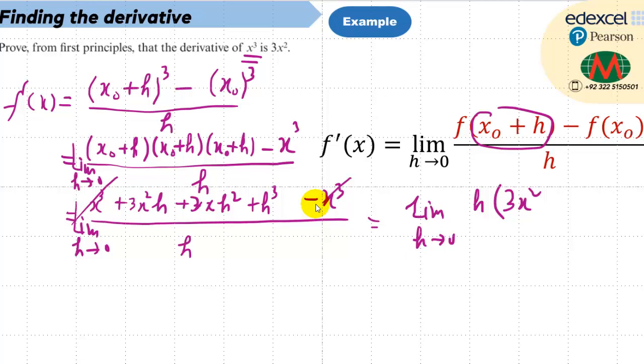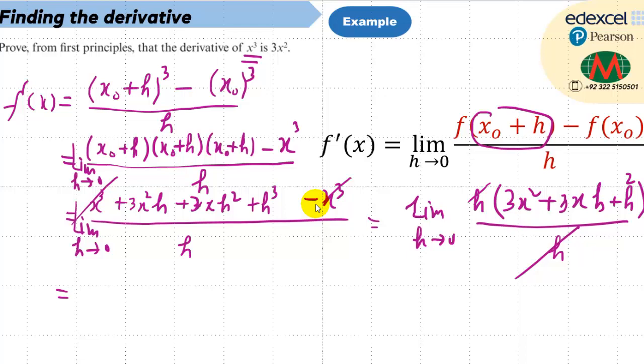H is common. So what is left here? 3x square plus 3xh, and plus h square, because we have taken one h common and divided by h, and this h and this h will be cancelled, and then we will apply the limit that h is 0.